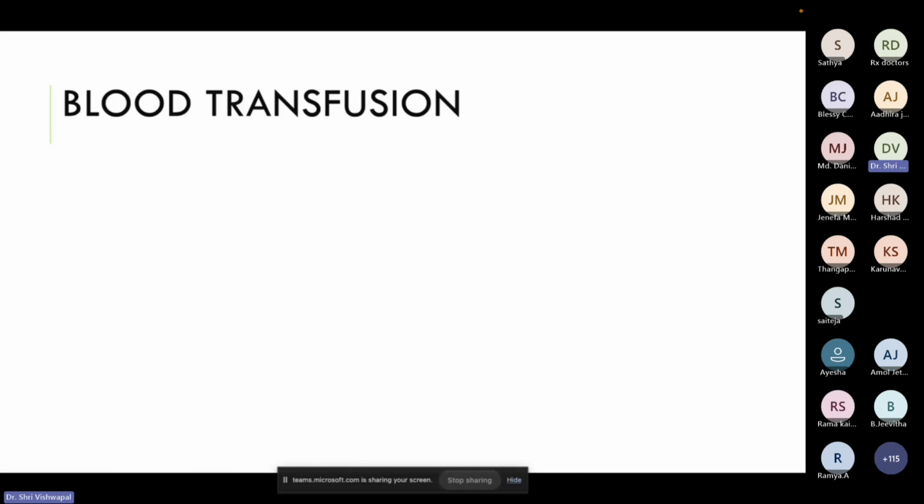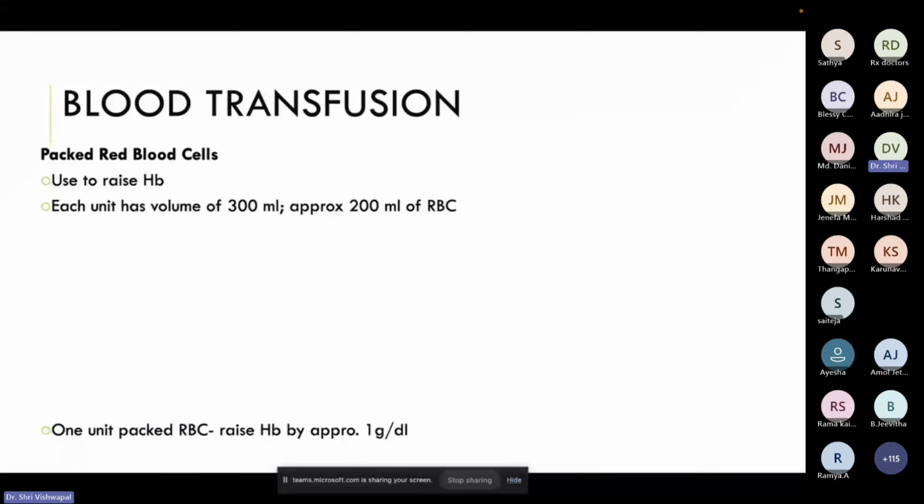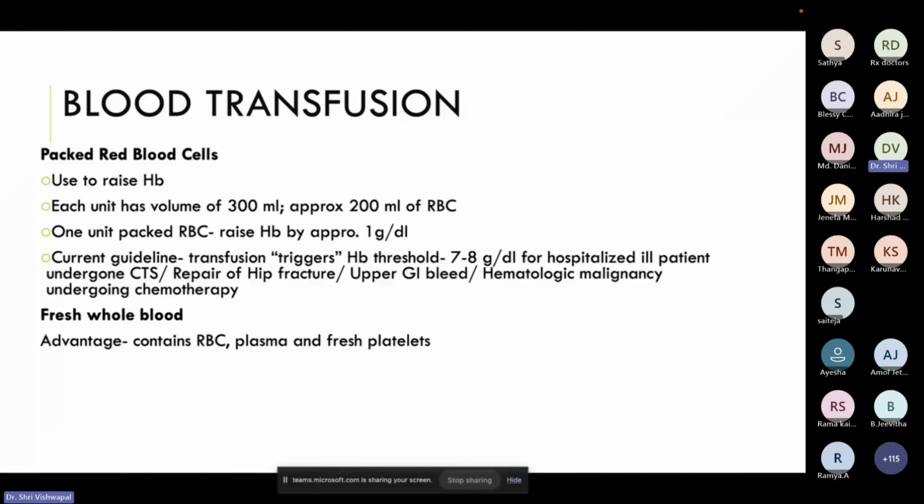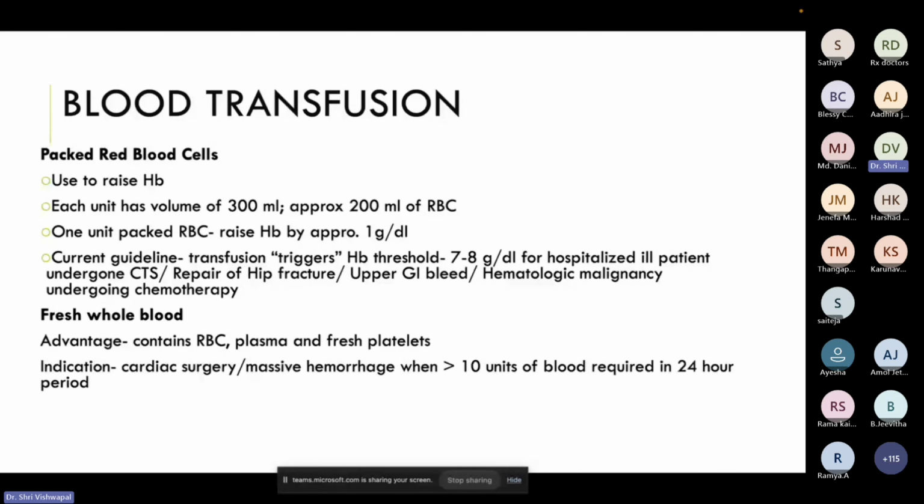And I would like to tell about blood transfusion. I guess this is very important for everyone to know. Blood transfusion helps in increasing hemoglobin. Each unit contains 300 ml, which has approximately 200 ml of RBC, that is each unit of packed cells. Just to remember, each unit of red blood cells increases hemoglobin by approximately 1 gram per deciliter.